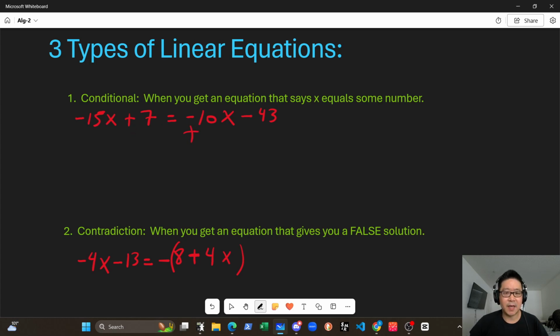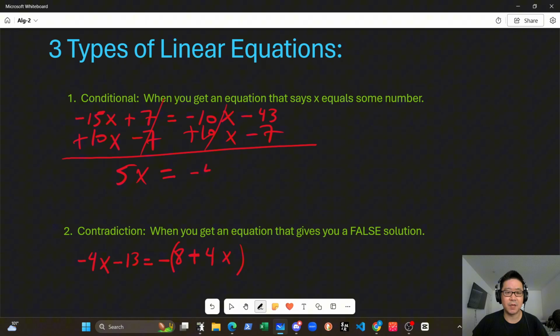We're going to add 10 to both sides, and then subtract 7 from both sides. Those will cancel, and on the left side we have 5x equals negative 43, and negative 7 is negative 50.